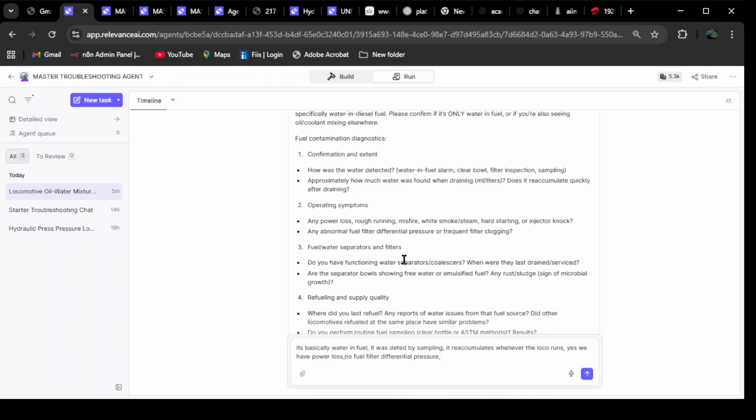Do you have functioning water separators? When were they last drained? They have not. Okay, I need to be more specific. The water separators have not been drained or serviced in a while, in a long while.